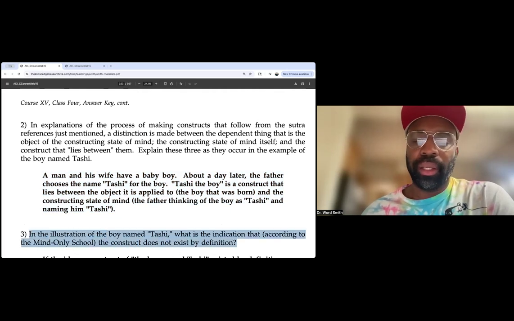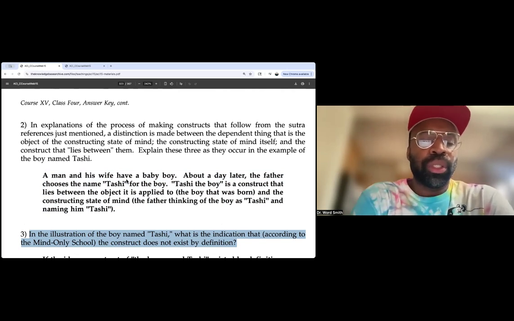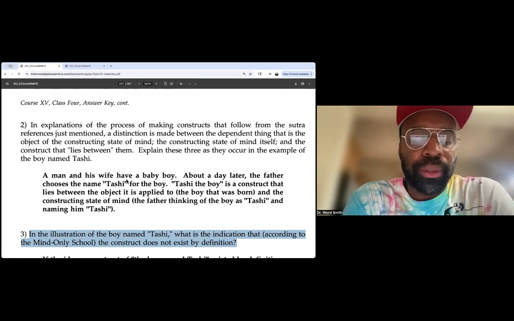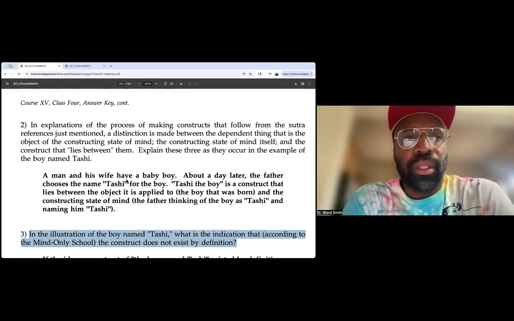Good. Thank you, Hannah. I'll do this one. In the illustration of the boy named Tashi, what is the indication that, according to the mind-only school, the construct does not exist by definition?